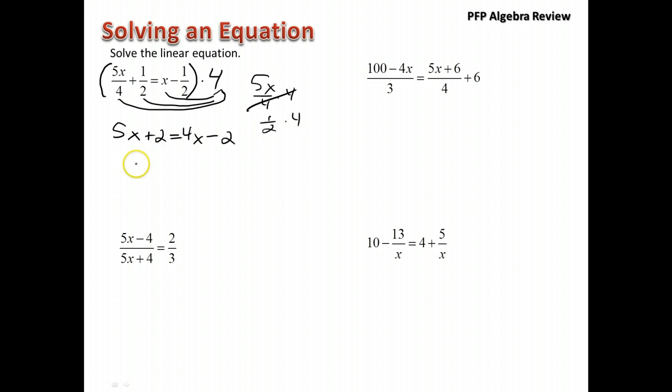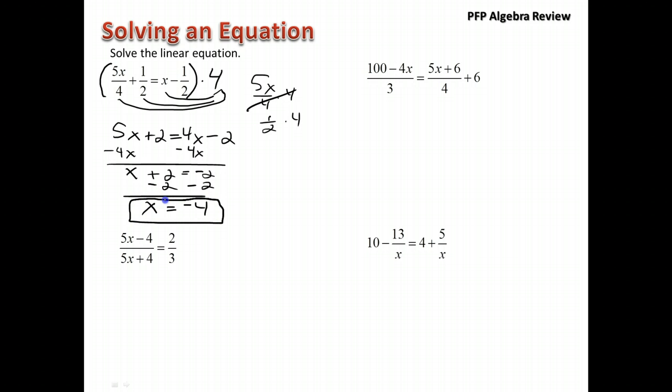And now it's like the last couple problems where we would take away 4x on both sides. x plus 2 is negative 2, and then we would take away 2 from both sides. Be careful here. If you already have a negative 2 and you take away 2 more, you're at negative 4. So we're going to clear out by multiplying by the common denominator.